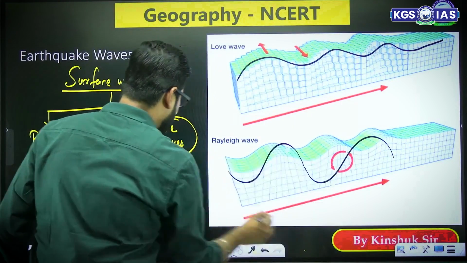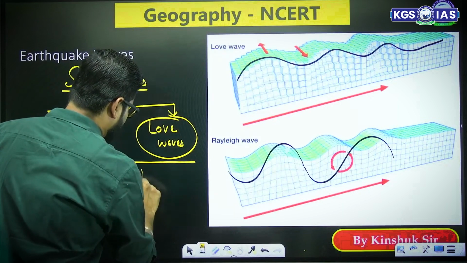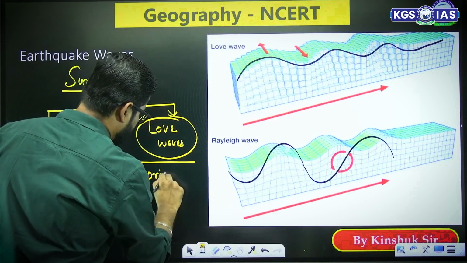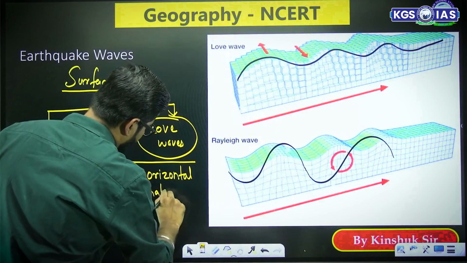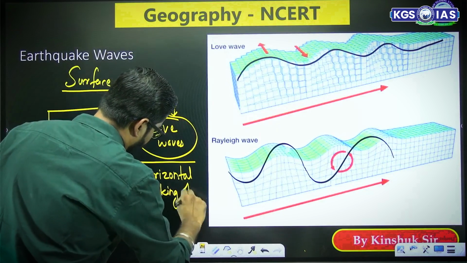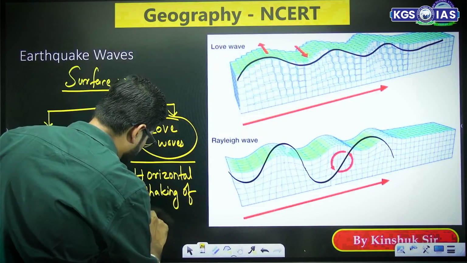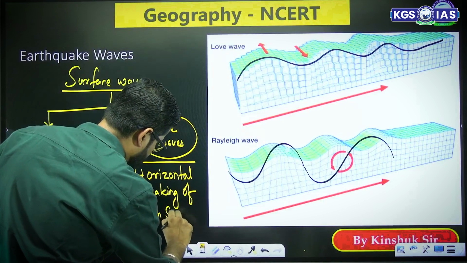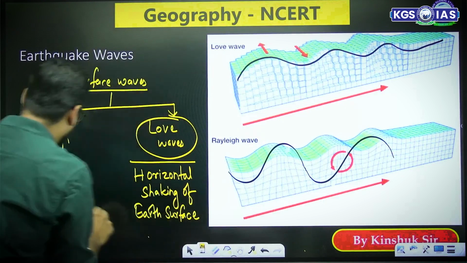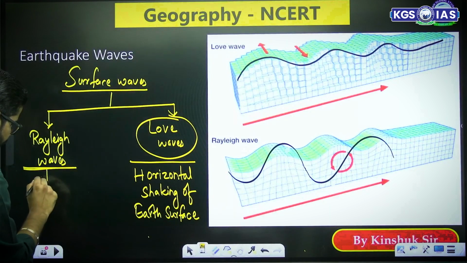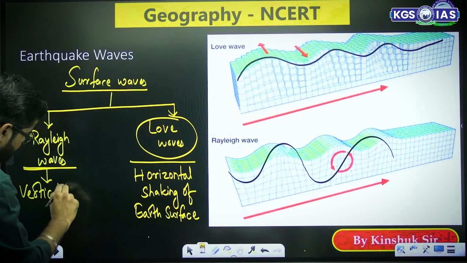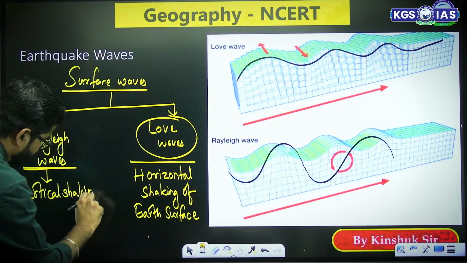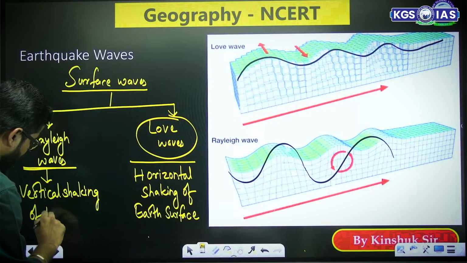There is the horizontal shaking of the earth surface, and here we are going to have the vertical shaking of the earth surface.